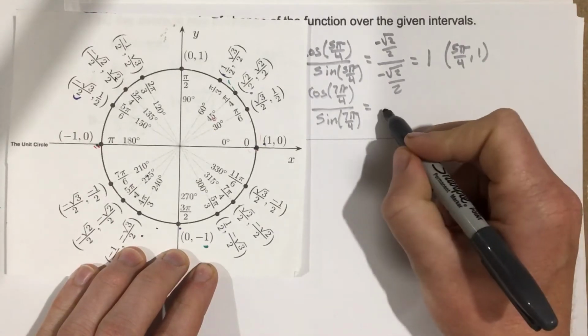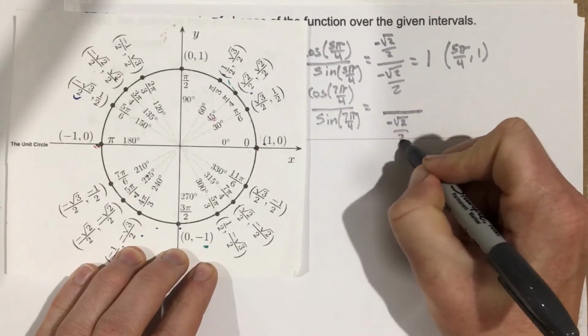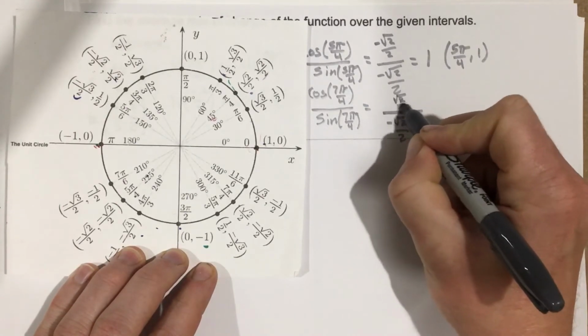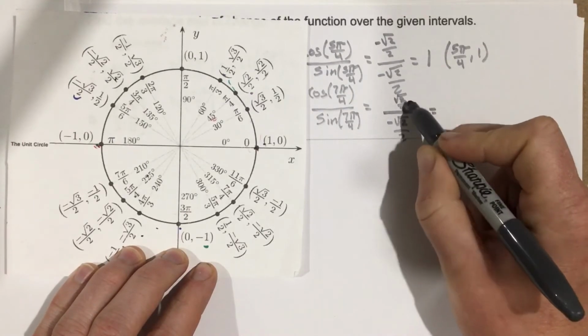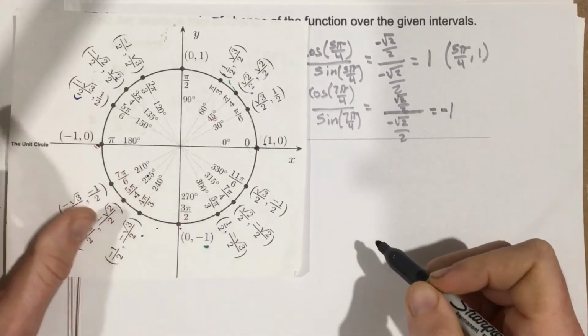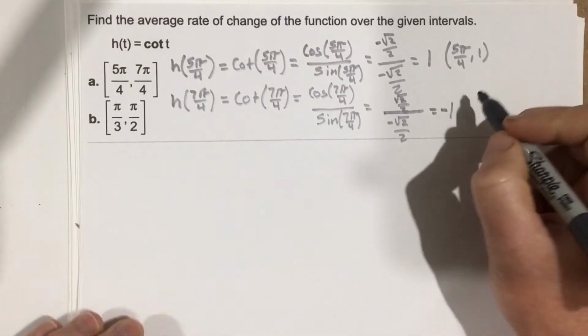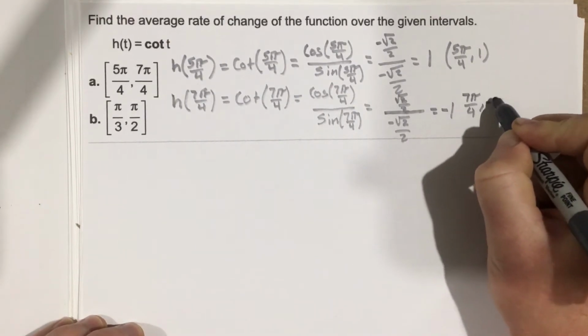So the sign is negative, so we're going to write this as negative root 2 over 2. This is positive root 2 over 2. They're essentially canceling themselves out, but it's a negative, so it's negative 1. So my coordinate here is 7 pi over 4, comma negative 1.